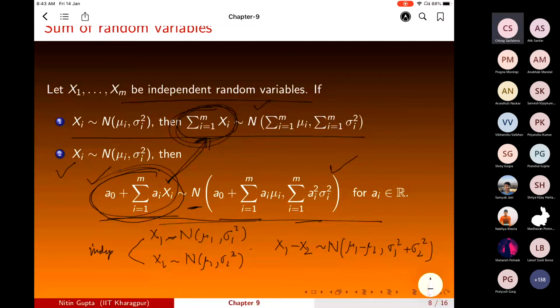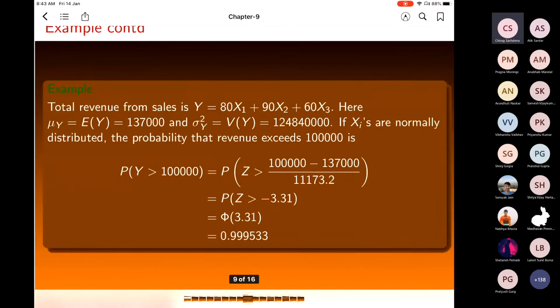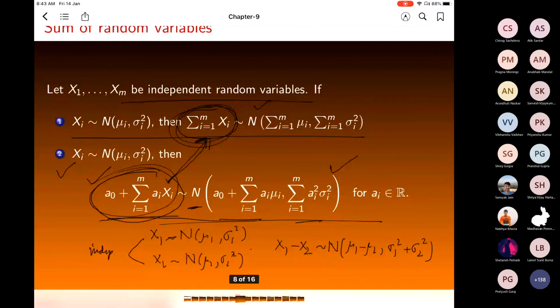Okay. Yes, sir. Sir, I have one more doubt. Suppose we have one random variable as x plus x plus x, where x is already known as a normal random variable, and suppose we have another random variable as 3x, in which there is a coefficient 3.